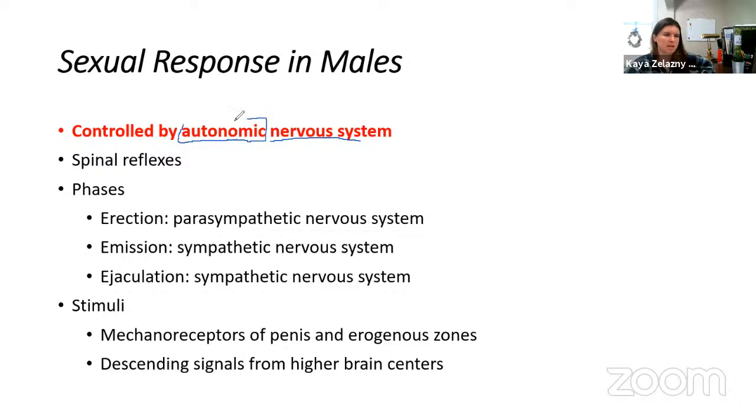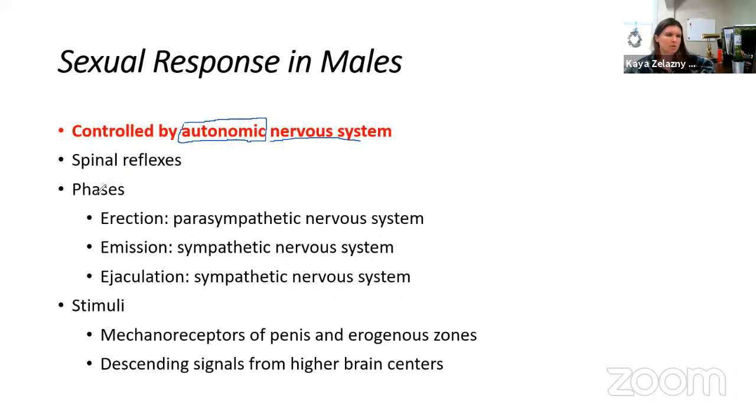So we're going to be thinking parasympathetic, sympathetic as we're thinking about the sexual response. Yeah. So it's actually a spinal reflex. So the nerves are relatively close to this pelvic region, but they take their normal terms for the autonomic nervous system like we saw elsewhere in the body.